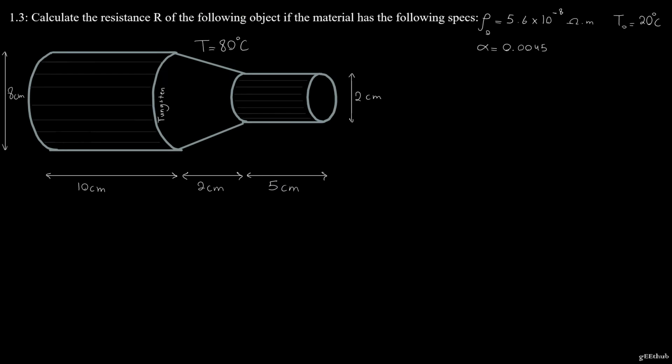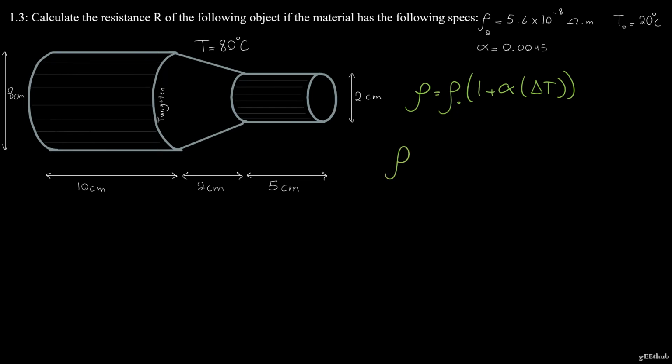Problem 1.3, calculate the resistance R of the following object if the material has the following specifications. I'm given a resistivity at temperature 20 degrees and a temperature coefficient, but I see that my object is operating at 80 degrees Celsius. So before moving to the next steps, I'll just use this equation to get my actual resistivity.